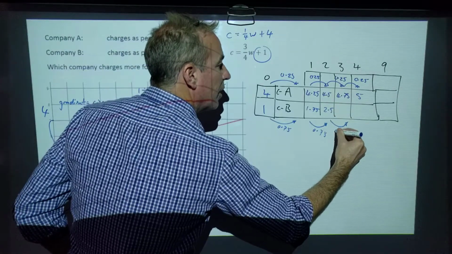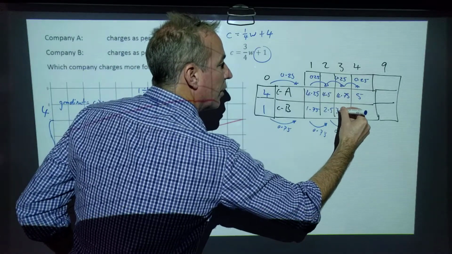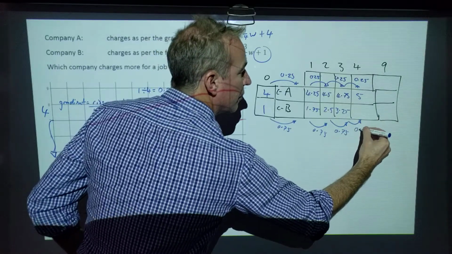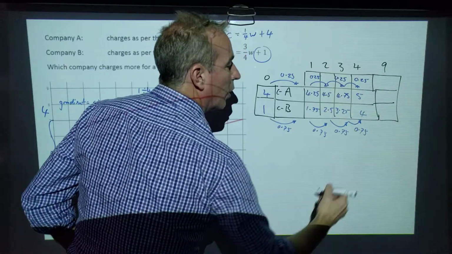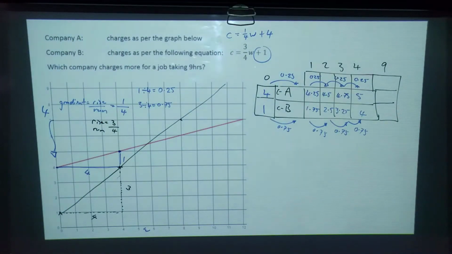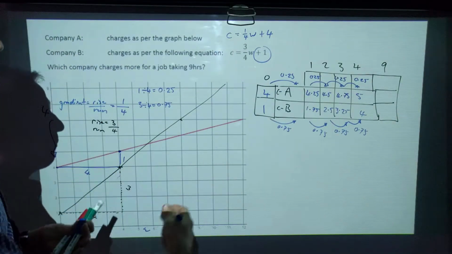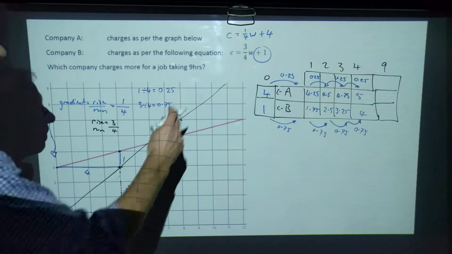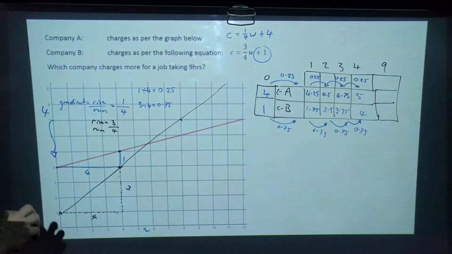Add on another 0.75, 3.25. And another 0.75, you get 4. Okay, so that works quite well when it's going up by 1. If it's not going up by 1, we can use the equations to help us.